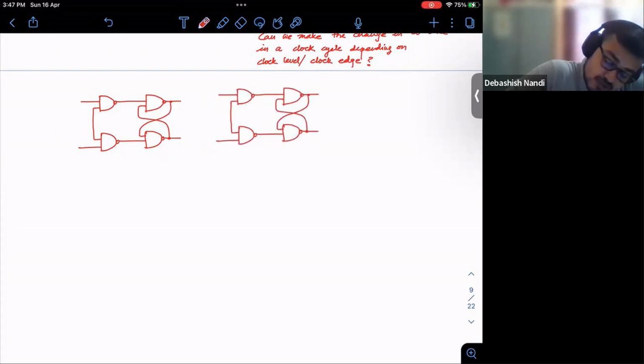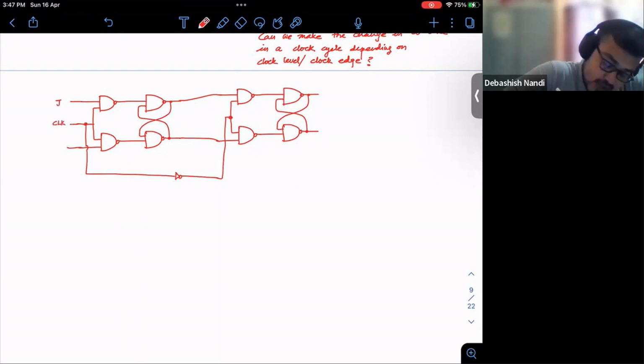Okay. So you have these stubs connected and your clock configuration is something like this. So this is your clock.